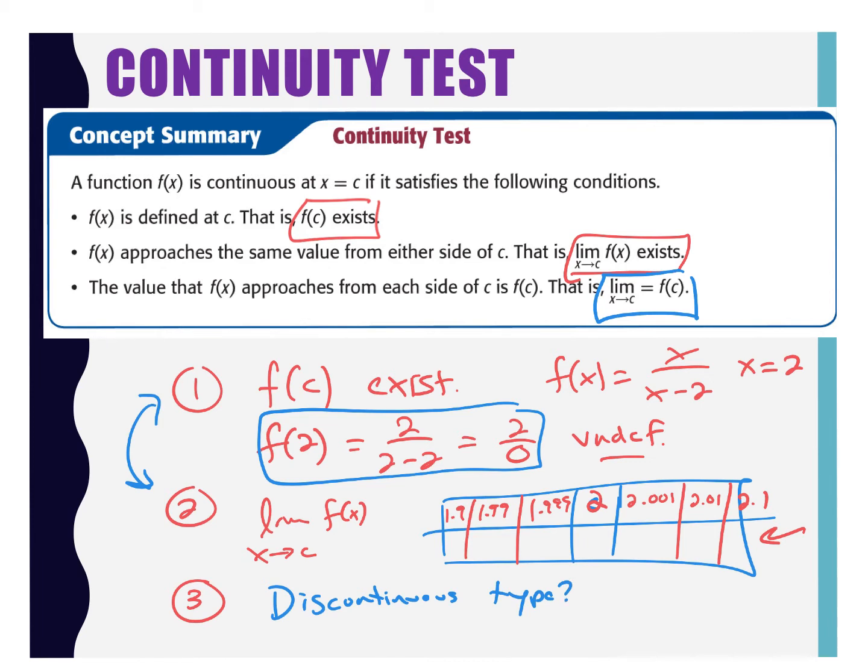If it does exist, then you're going to say that the limit as x approaches c of f of x equals f of c. Then you're going to state that it's continuous, and that's it. If it's discontinuous, then you tell me the type. If they equal each other, then it's continuous, and we're done with the problem, because really the goal is just to determine whether it's continuous or not.